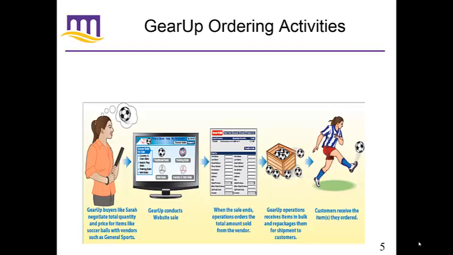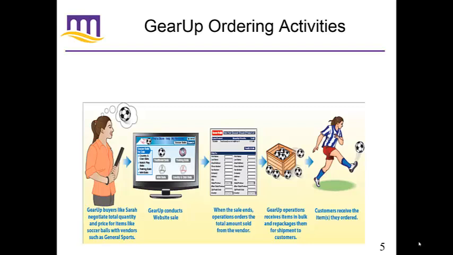When the sale ends, that's when GearUp is going to send a notice back to their vendor and say, hey, we need this many soccer balls because this is how many people have ordered it. And so then their vendor, in this case General Sports, will send all of these soccer balls to GearUp, and GearUp will basically repackage them.